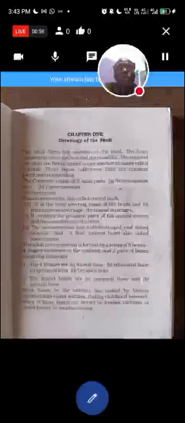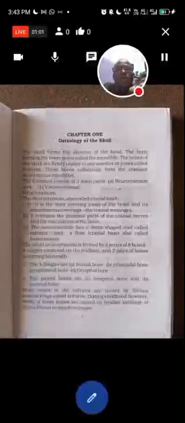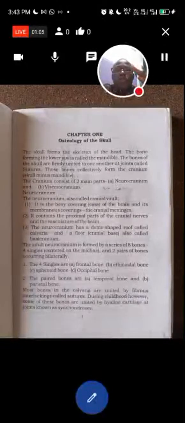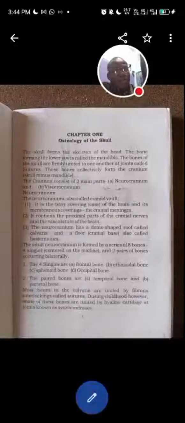So today, watching this, you're looking at the anatomy of the head and neck. Know something about your head, know something about the neck. The last time, we said head and neck, and we talked about the skull.